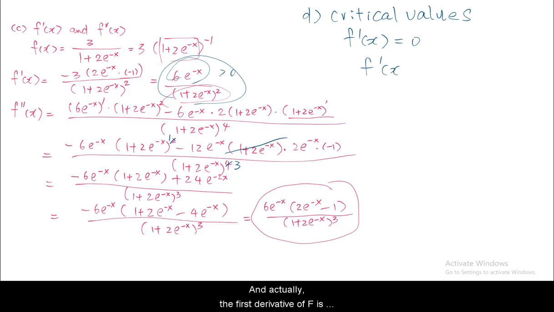Actually, the first derivative of f of x is always positive. That means this function is increasing the whole time. It will not go down. There are no critical values, so the function f is an increasing function.